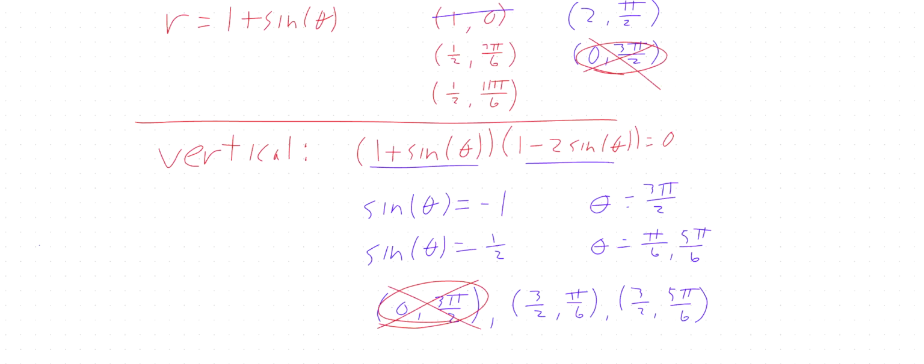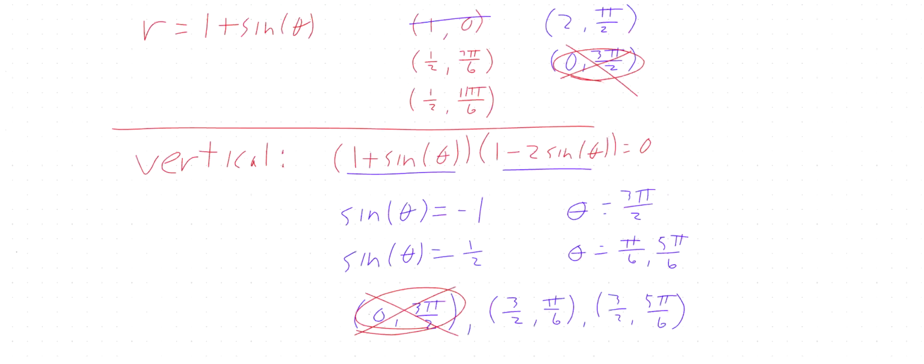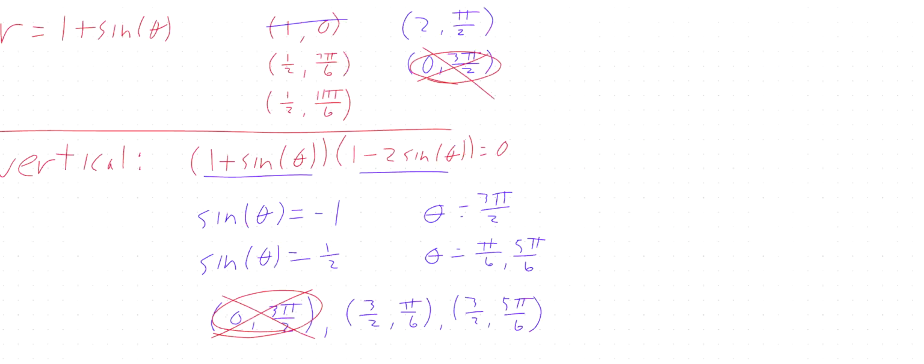But now if we look at our graph that we drew before, the verticals are happening here and here.